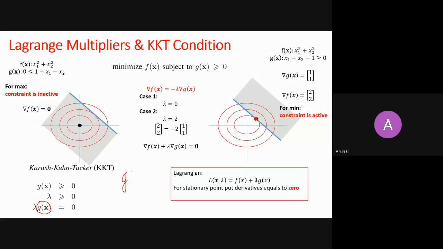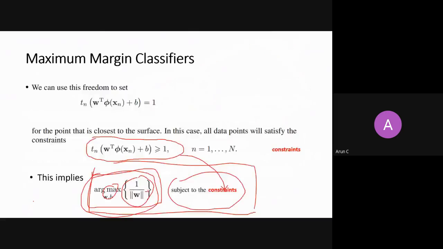And if my constraints are not active, then my lambda is 0. When my lambda is 0, I don't have to play with this constraint, and the second term will wash away. I don't have any constraint, so I'm minimizing my function itself. That's why we have complementary slackness. Either one of them must be 0 when this condition holds.